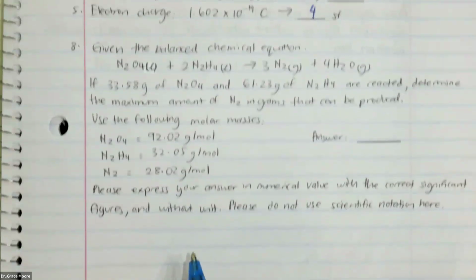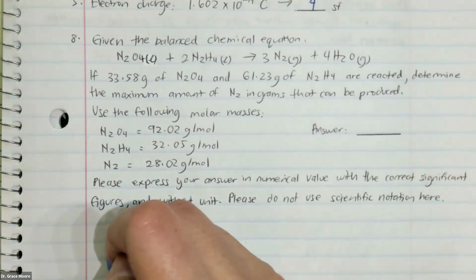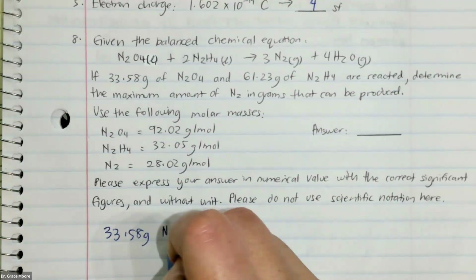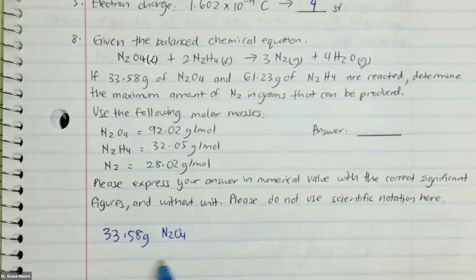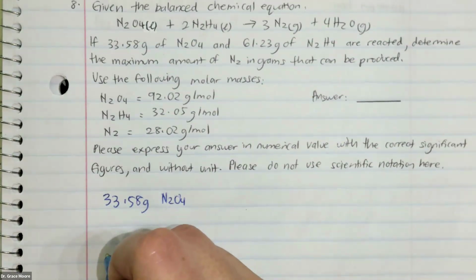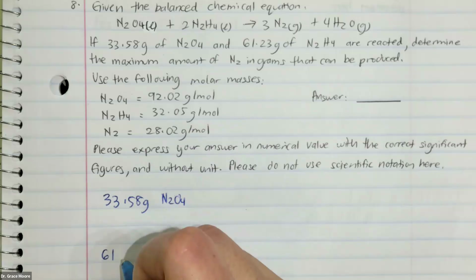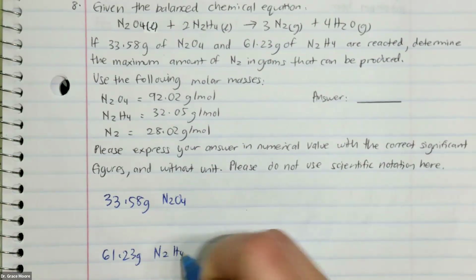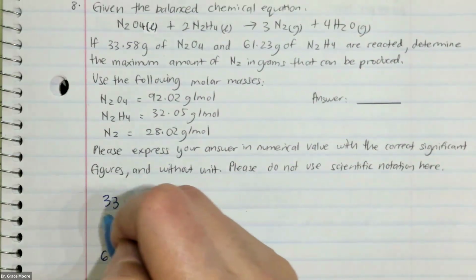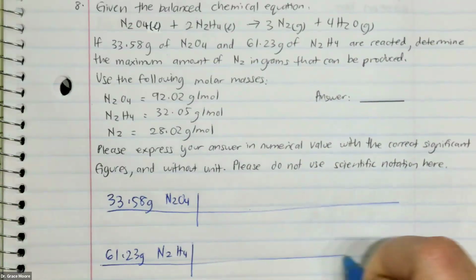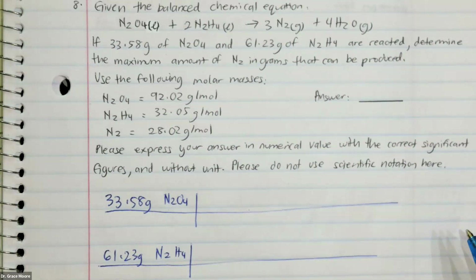So the first one, we're going to take the first reactant, 33.58 grams of N2O4. And then we're going to find how much N2 you can make. And then the second line, I'm going to do 61.23 grams of N2H4. Now, in this case here, again, we always want to make sure we convert to moles.